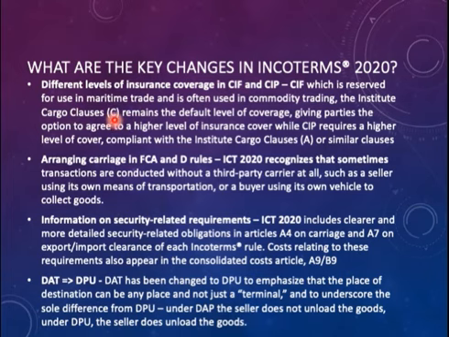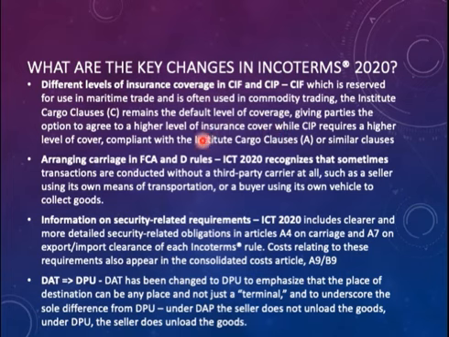Lowest level of coverage. But for Incoterms 2020, the rule CIP now requests the seller to provide insurance cover that covers a higher level of risk. It means Clause A or similar clauses.